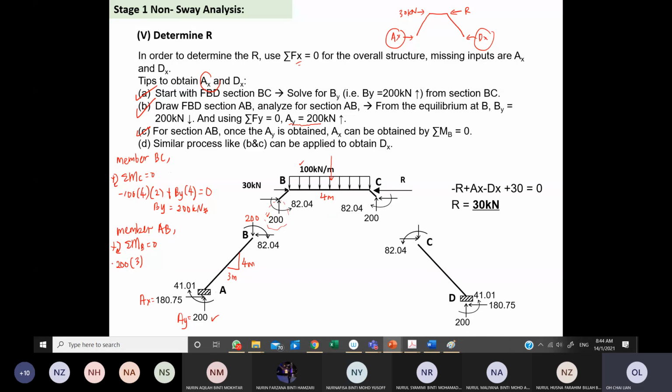So this is acting clockwise, so it is positive. And then next? Minus. Minus AX. Yes. The distance is 4 meter.